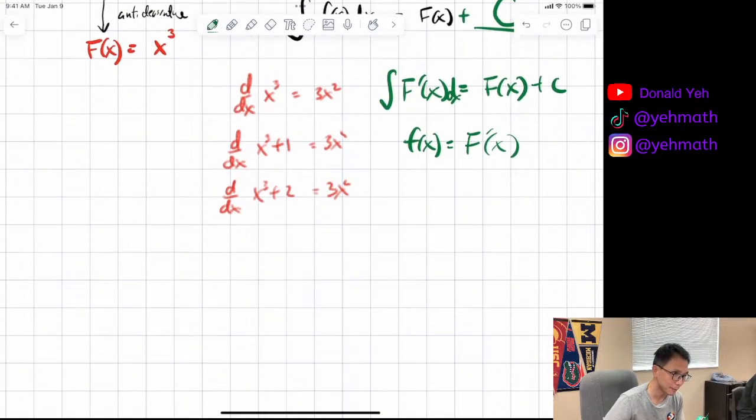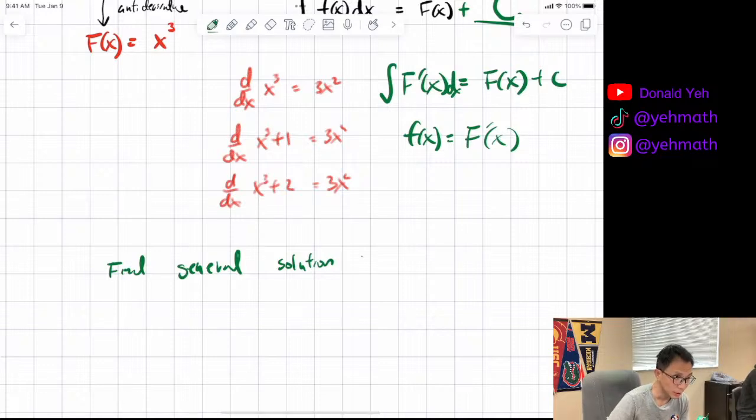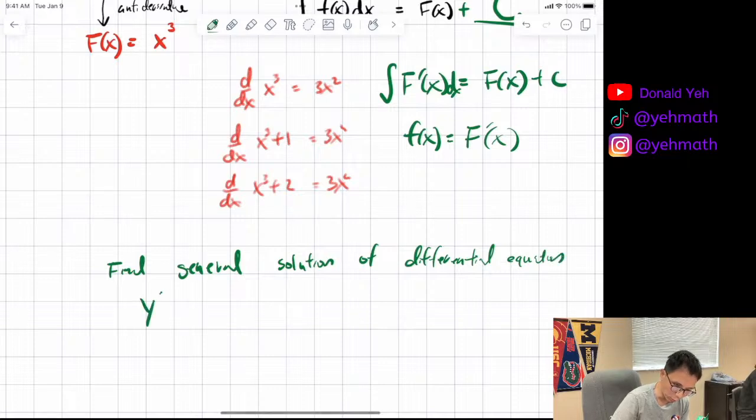Now, if I say, can you find the general solution of the differential equation y prime is equal to 2?